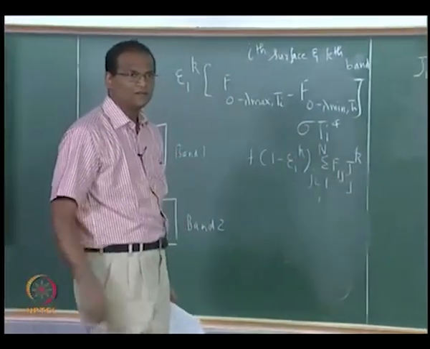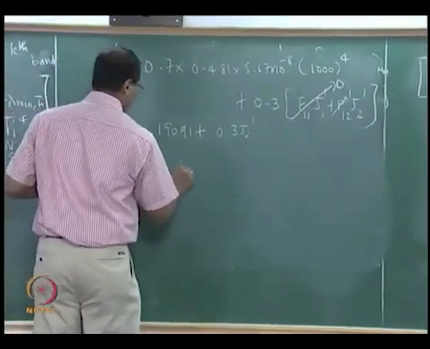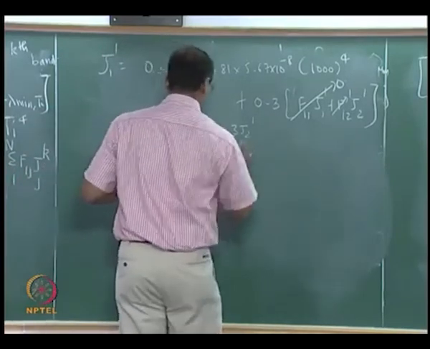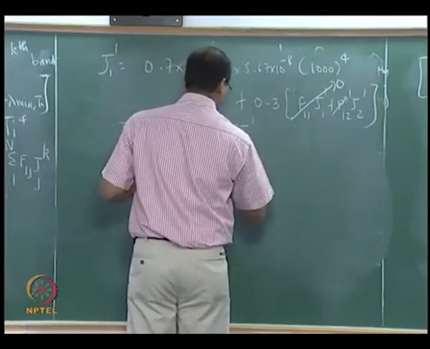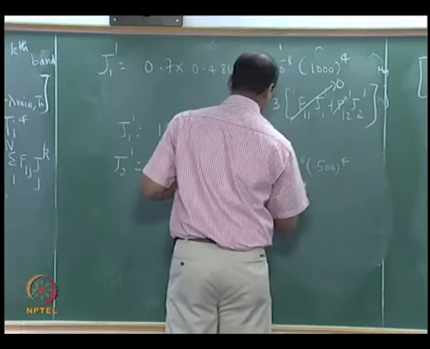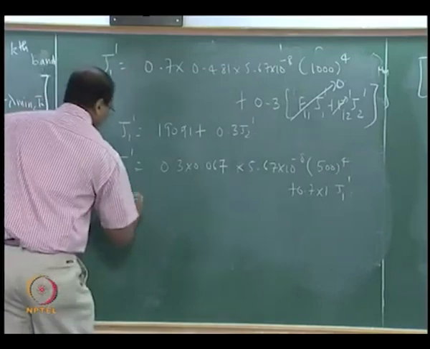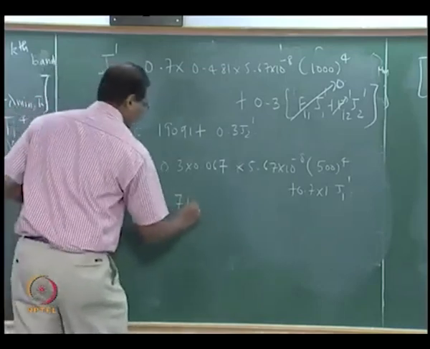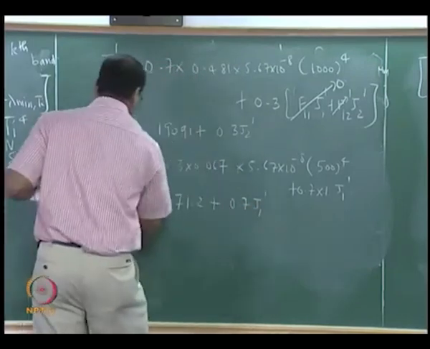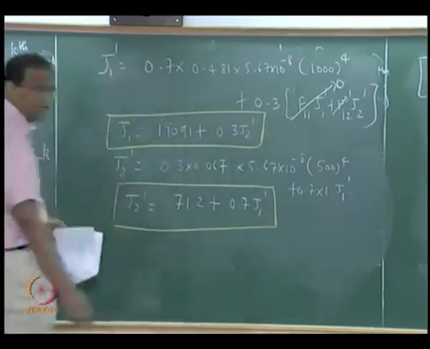Are you getting this? Correct? So, did you get it? So, J2 dash. Please check if I made any algebraic errors.